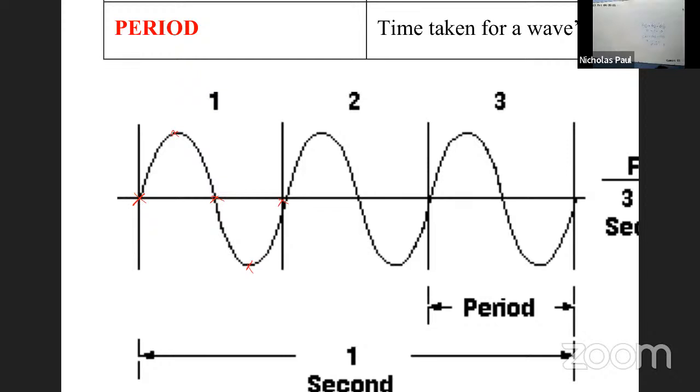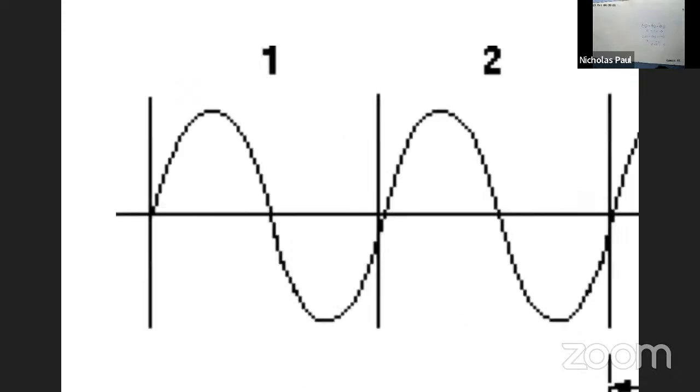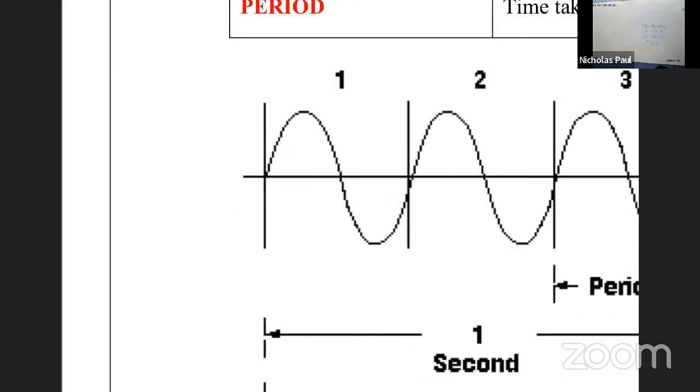Nice. So what you're seeing in front of you there, how many cycles? 3 cycles, okay? Right, I want to focus on something that we need to be able to draw. Look at this wave here. Just trying to blow up one cycle, right? From here to here is one cycle, right?